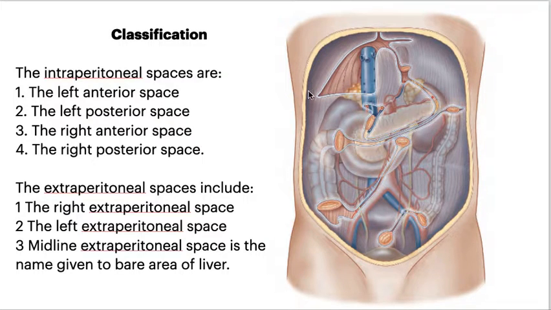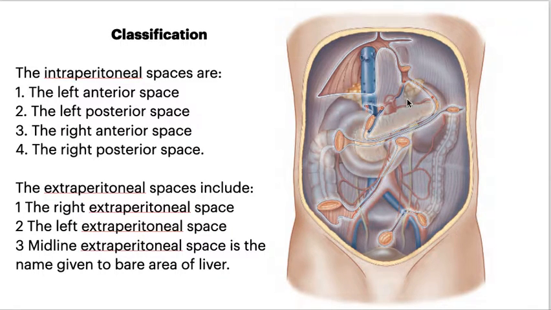The intraperitoneal spaces, as you can see, are lined by the peritoneum, whereas the extraperitoneal spaces are not lined by peritoneum. It is basically your bare area of the liver. That is the midline extraperitoneal space, whereas we also have the right and the left extraperitoneal space.